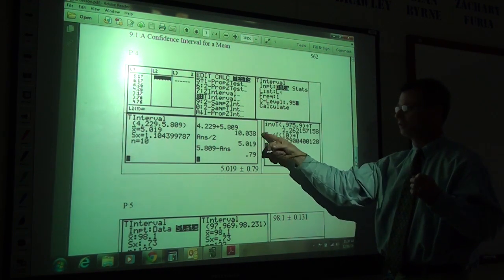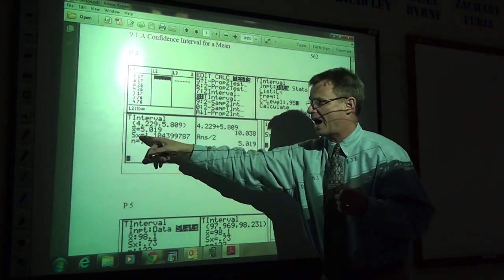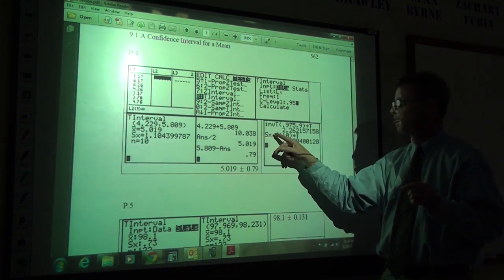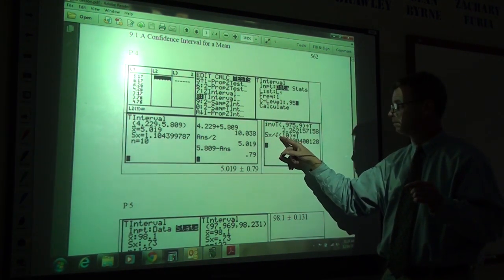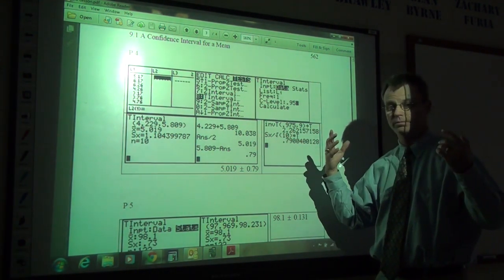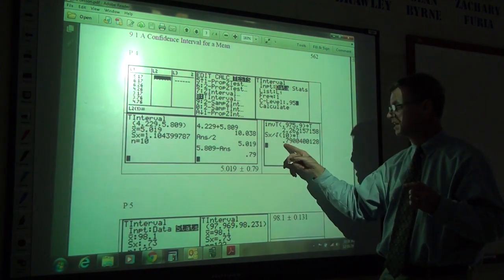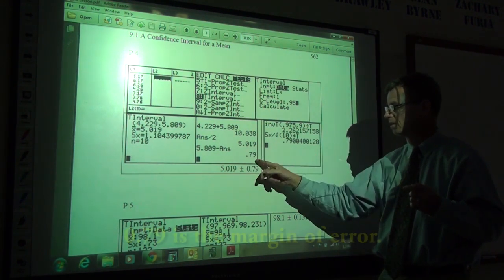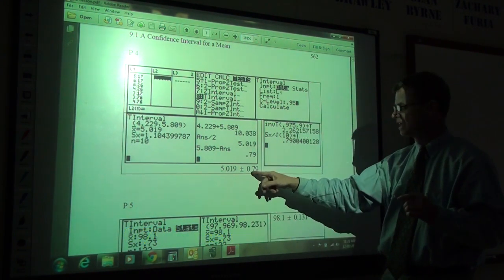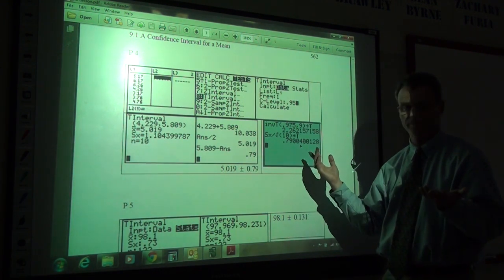My standard deviation, which is stored here when I ran the test, and this value is stored until you rerun another test, divided by root n. That's your standard deviation under the size change for the sample size 10, times the specific t-value, giving you the width of the interval. This is the value that I'm adding or subtracting from the mean. Okay? So this 79/100ths right here is the same value. We could get it that way.